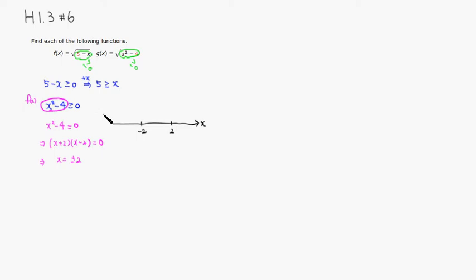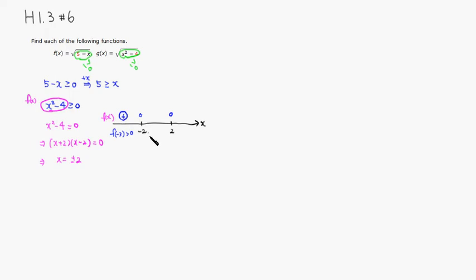We know that f of x becomes 0 at x equals negative 2 and also positive 2. We want to know where it's positive, so we use a sample number, like negative 3. So f of negative 3: negative 3 squared, 9 minus 4, is definitely positive, so we have a positive sign here.